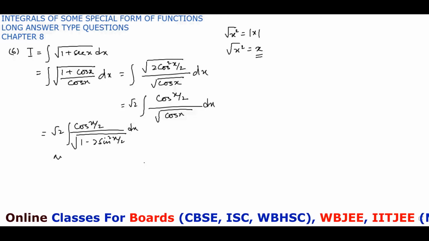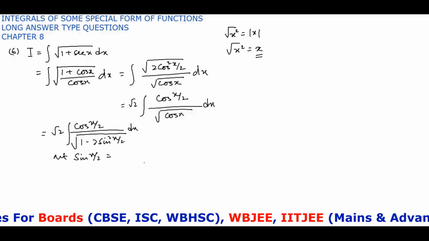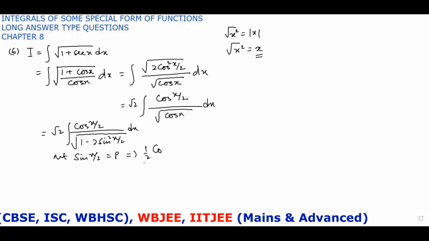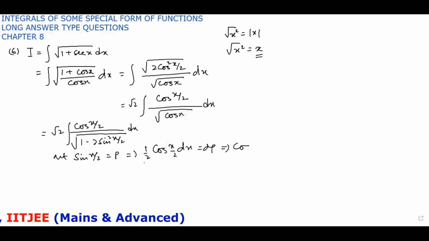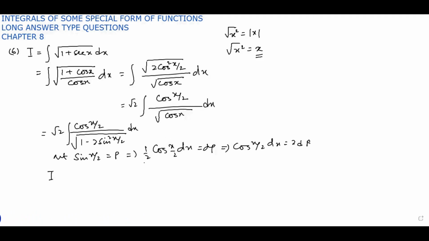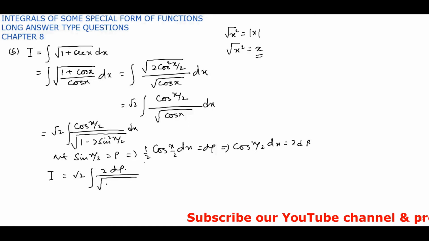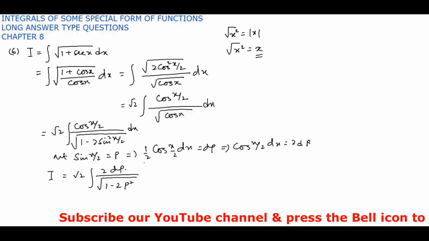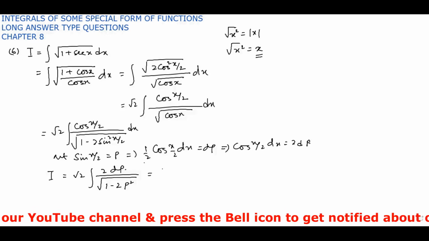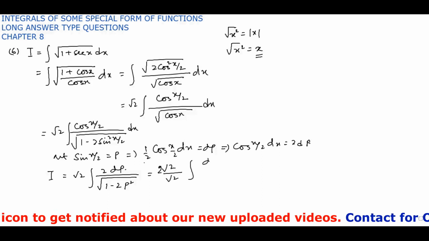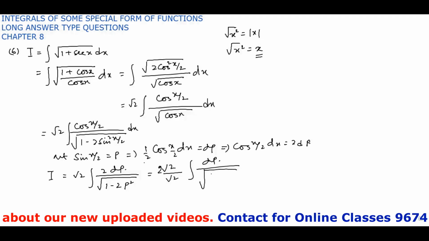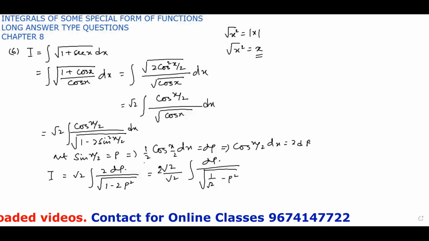Let sin x by 2 be p. Therefore my integration becomes, now from the denominator if I take 2 common, we have half minus p square, and again half can be written as root 2 whole square.